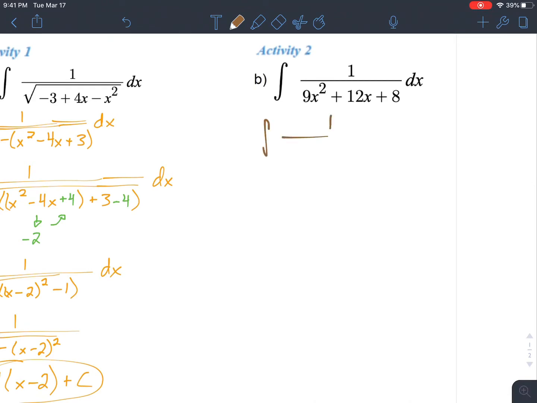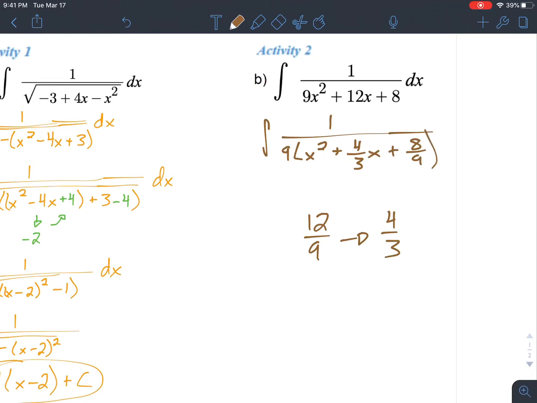We're going to start with 1 over, we're going to take the 9 out. And I know that 12 over 9 is going to be a little obnoxious. Let's simplify that then into 4/3. And then the 8/9, we can't really do anything about that, so we're just going to keep it like that.